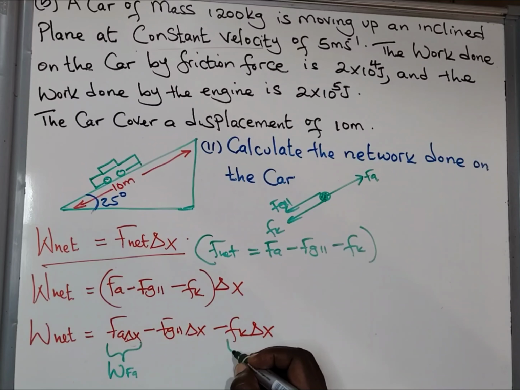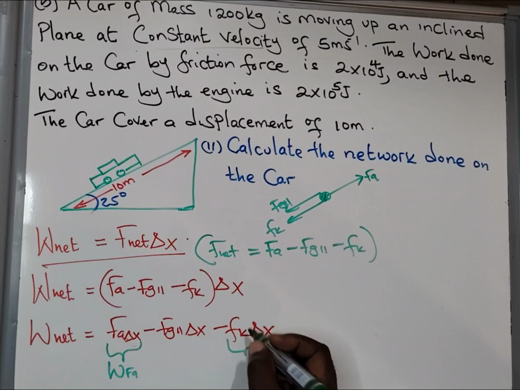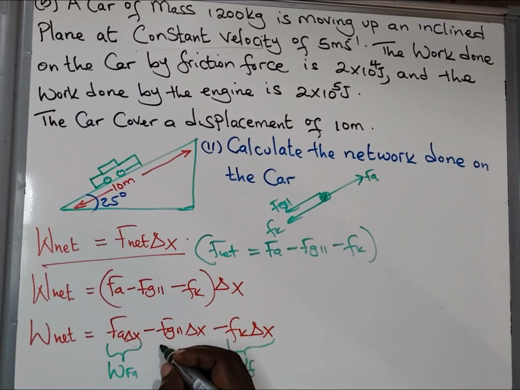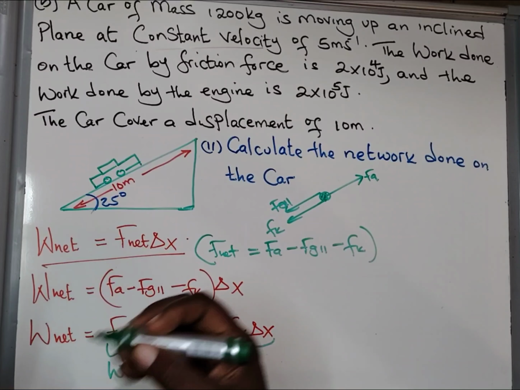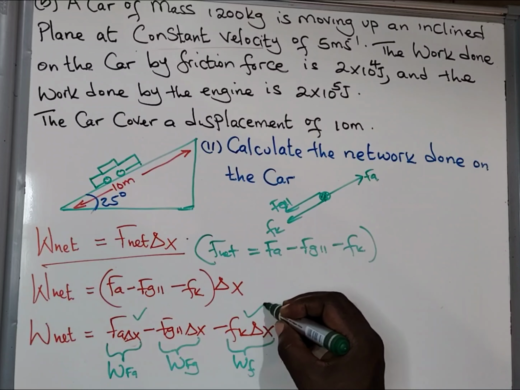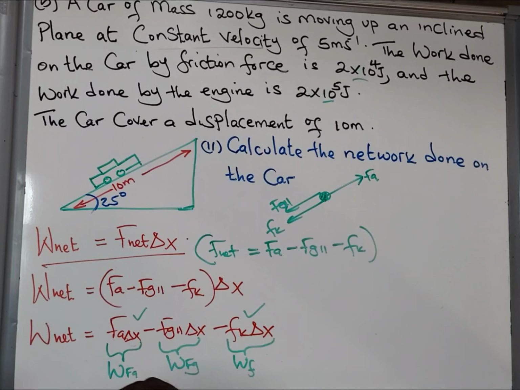So this is work done by friction force, and this one is work done by gravitational force. We are given the work by the applied force and the work by friction, so we know their values. What we don't know is the work by gravity.